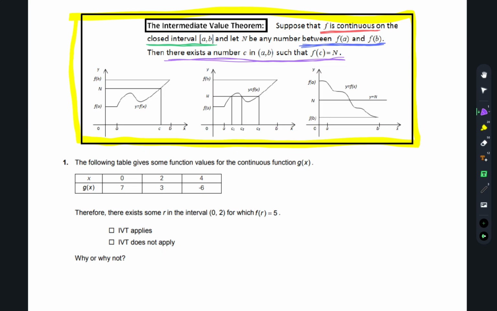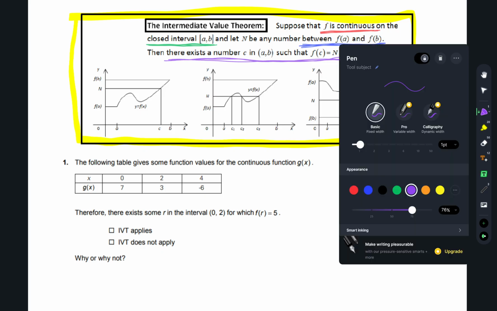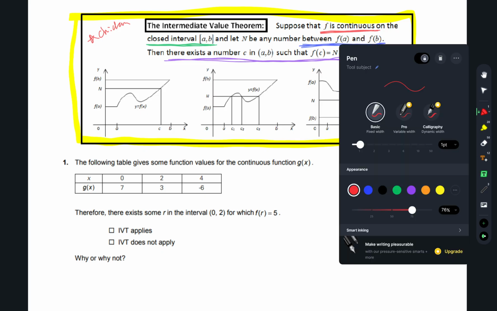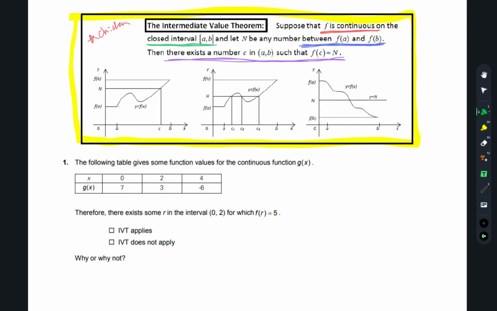Basically the intermediate value theorem is the chicken. If it's a continuous function on the interval, what that means is the chicken starts here, ends here, starts here, ends there.